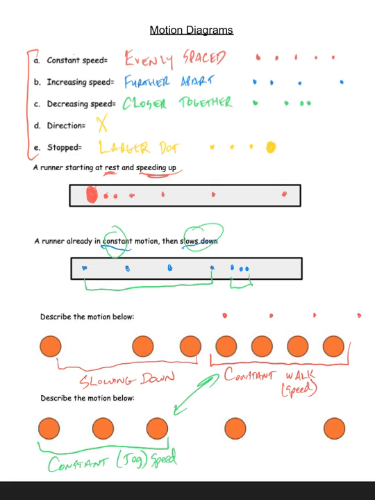So we have a constant speed, or it's a jog, or a medium speed. And now we have this second set from here to here where they are getting further apart. And so now this object is speeding up, or increasing its speed because those dots are moving further apart.